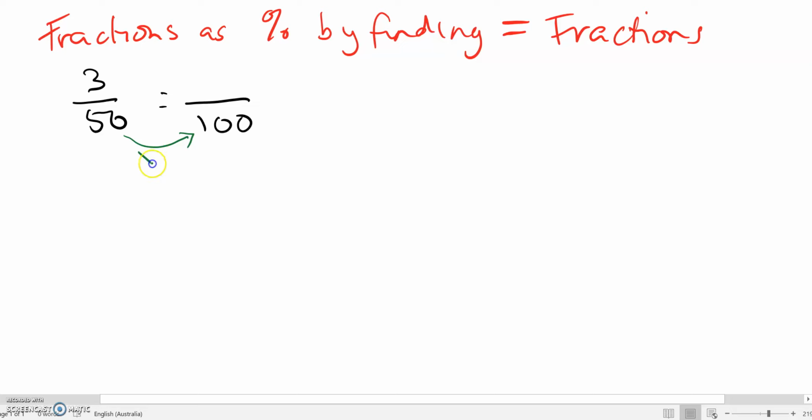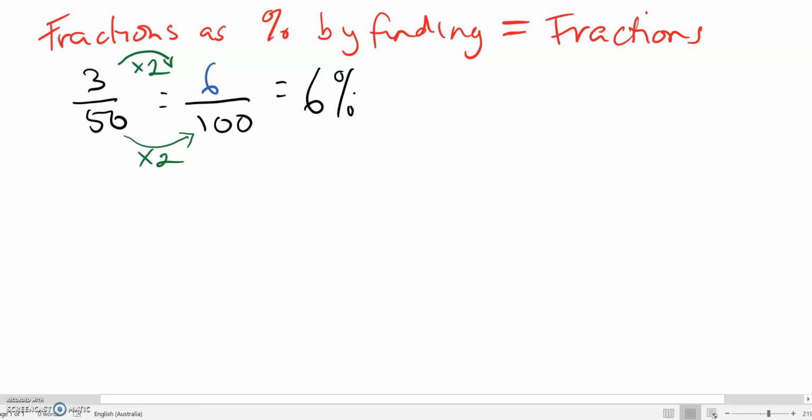Now easily we multiply by 2. So what we do to the bottom, we then need to do also to the top. Alright, so we take our 3, we times it by 2, end up with 6. And then obviously 6 over 100 gives us 6%.